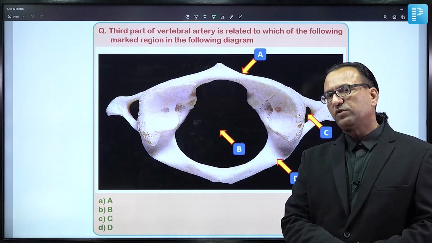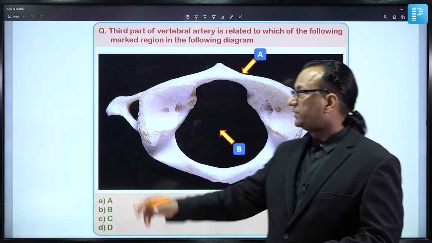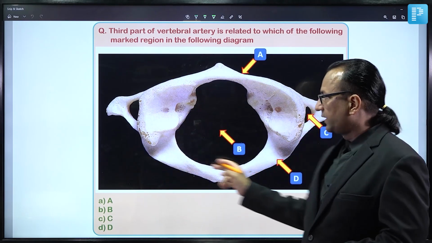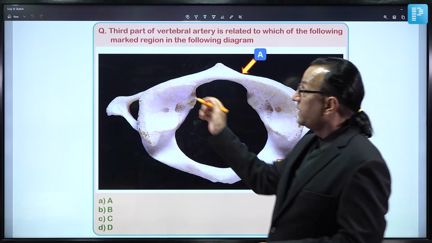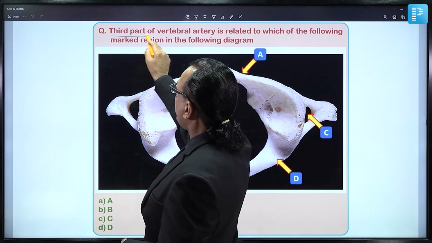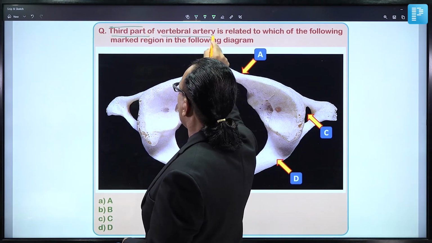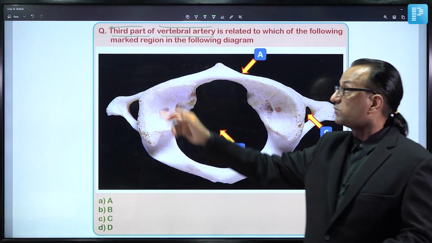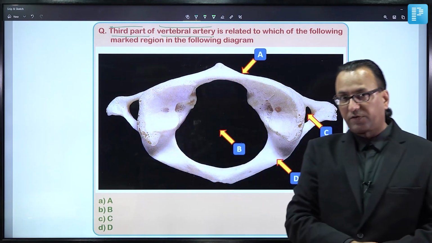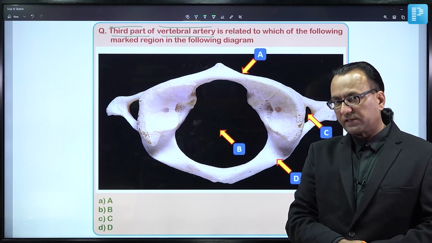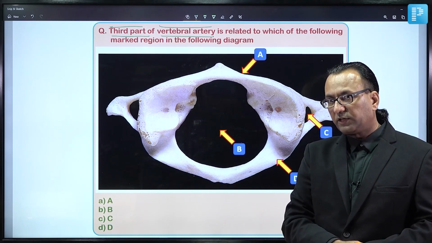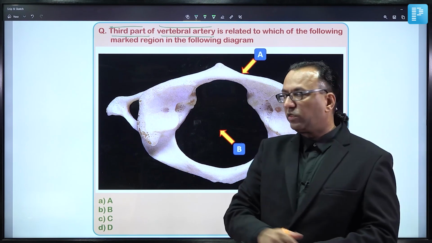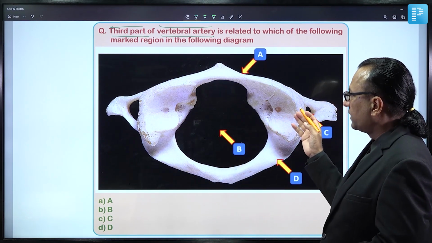This diagram shows the superior view of the C1 vertebra, the atlas vertebra, and the question is being asked upon the third part of the vertebral artery. We understand vertebral artery has 4 parts, and when it comes to the third part of vertebral artery, most of the books, including Gray's Anatomy and BD Chaurasia, will be showing it running on the superior aspect of the atlas vertebra.